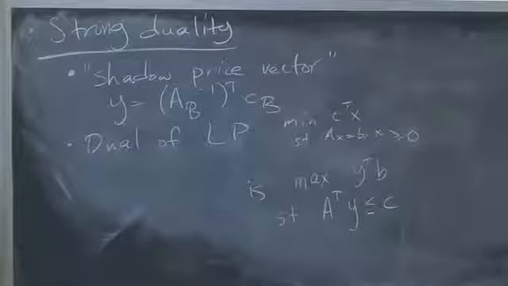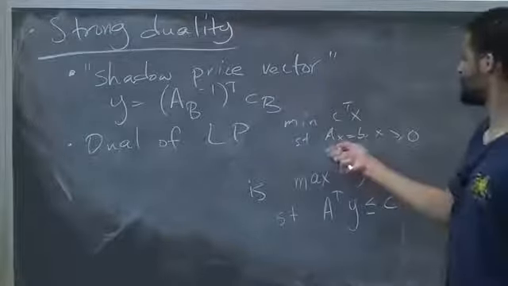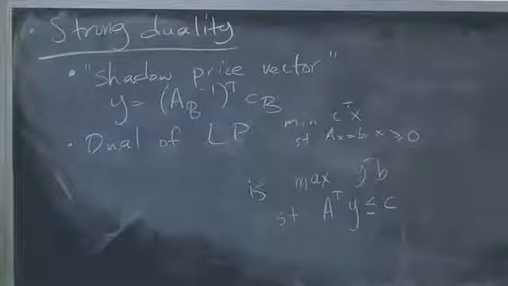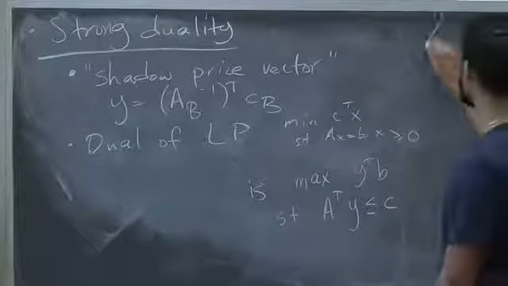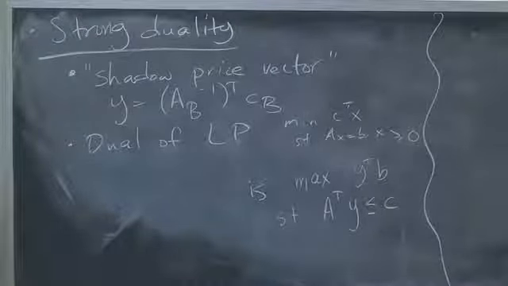You don't have the sign constraint on Y because you have equality constraints. When you have equality constraints, the corresponding dual variable is unrestricted. Very good.